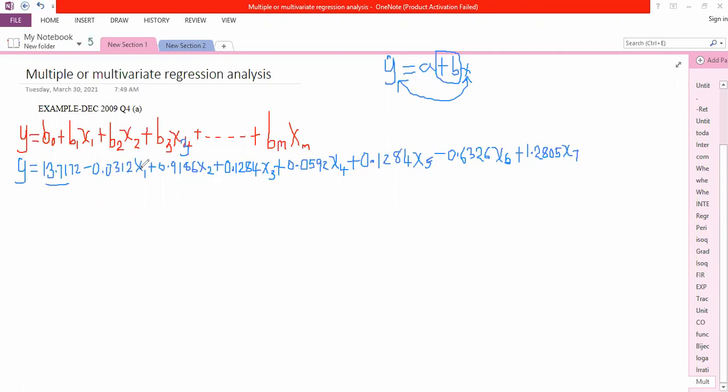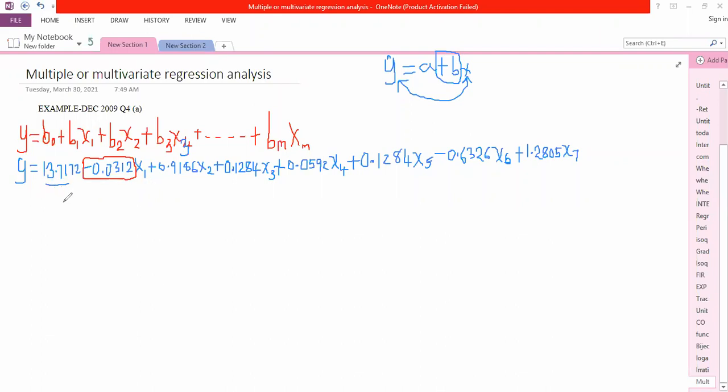So we can begin with x1. x1 has a coefficient of negative 0.0312. What does that mean? This shows that the minus 0.0312 represents a negative relationship between the level of job satisfaction and the age. The age was our variable x1.